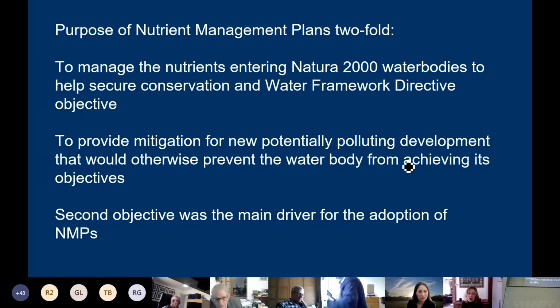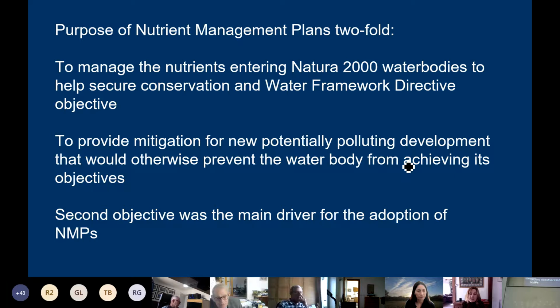The next purpose was to provide mitigation for new development that would add additional nutrient into the watercourses, and in particular new residential development, because as we've been hearing about, the nutrients that come from the foul drainage via sewage treatment plants and also from private drainage as well.